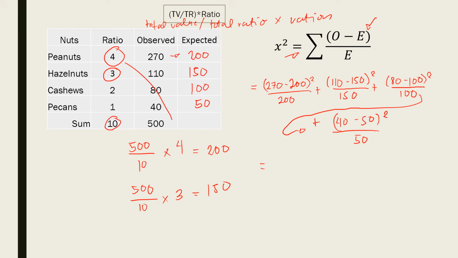And that would give us a chi-square value of 41.17. Okay, as simple as that.